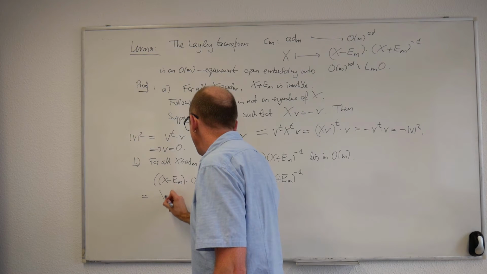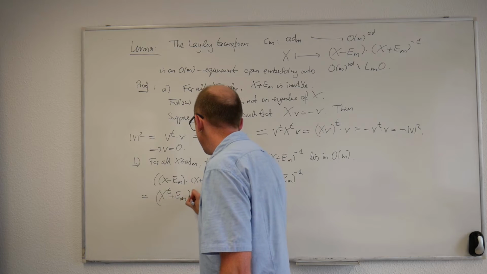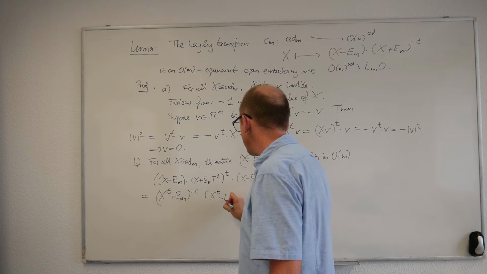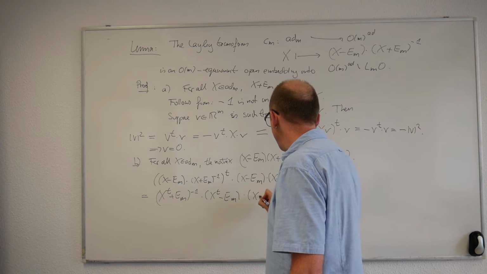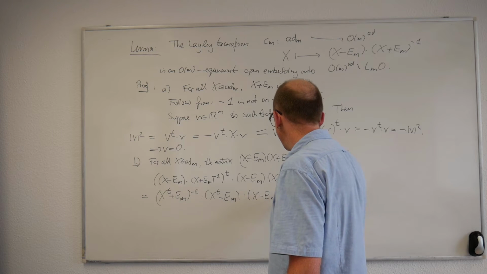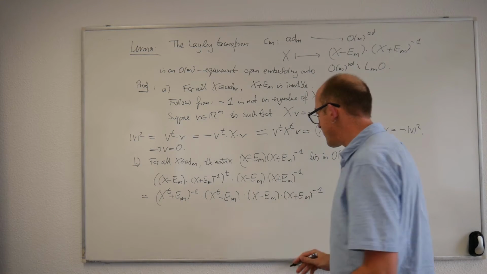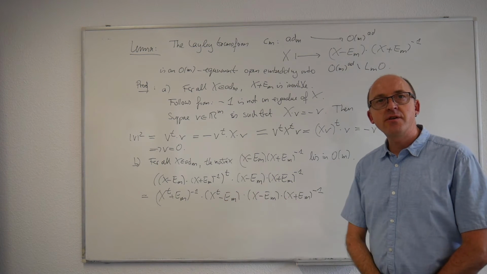So this will be x transpose plus e_m inverse times x transpose minus e_m times x minus e_m times x plus e_m inverse. Now I'm going to use the assumption that x comes from the adjoint representation.